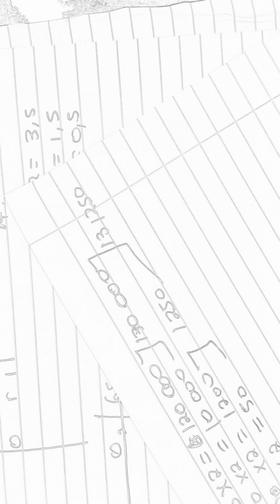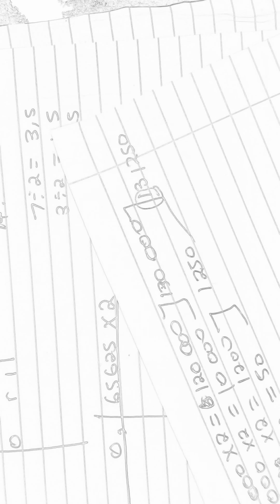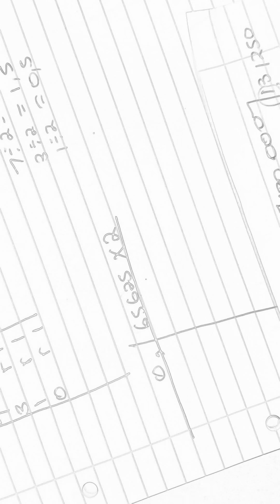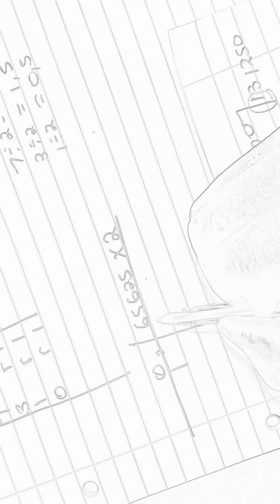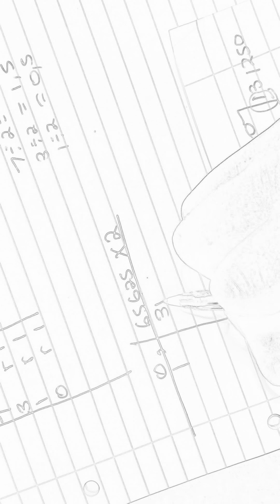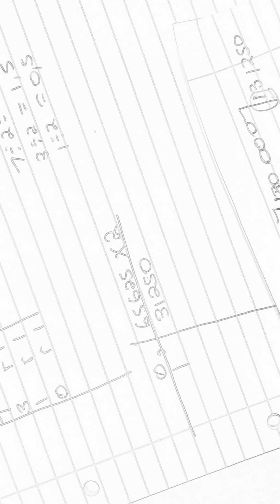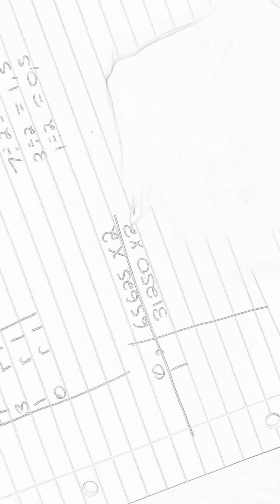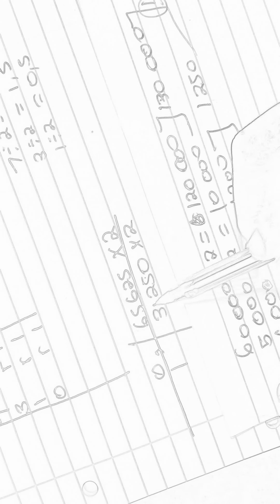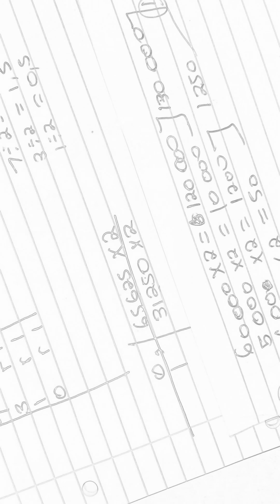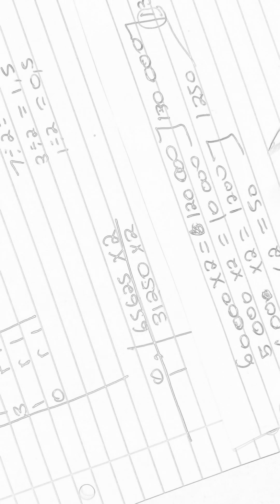So on this one I'll take this 1 as our remainder. I'm going to put it here, 1, and then we're left with 31250 multiplied by 2.